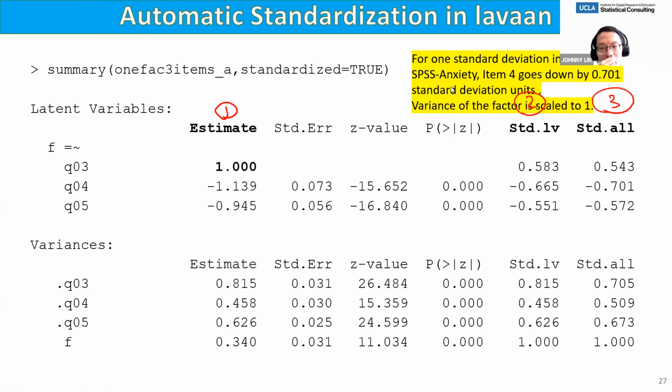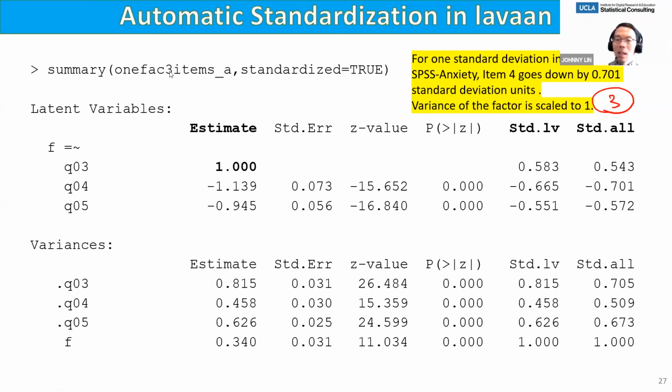Okay, got 2. Good. Which one is the marker method? Yeah, exactly, 1 is the marker method. You know that because this fixes the loading to 1. So good job. Now, the only thing we haven't seen is 3. So what is 3?